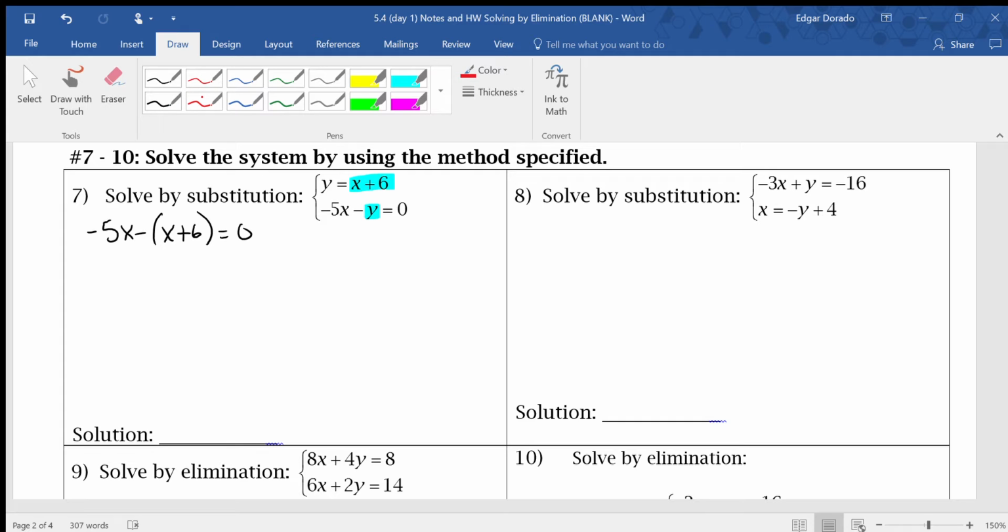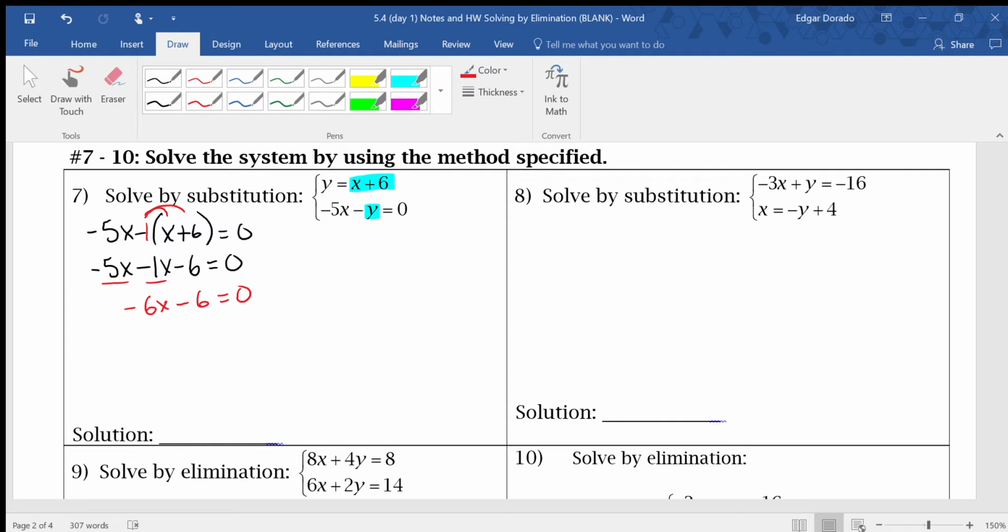And then remember, because there's really a negative 1 here, I have to distribute it to both of those. So what do I get? I get a negative 5x minus 1x minus 6 equals 0. Okay, well, let's see. Those two are like terms, so that's a negative 6x minus 6 equals 0.